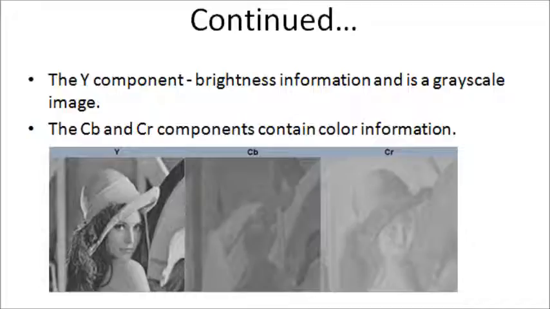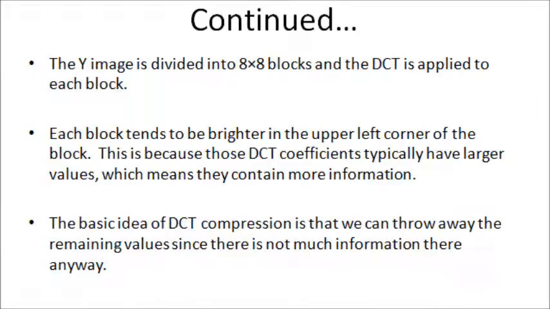This whole process begins by dividing the Y image into 8 by 8 blocks, and DCT is applied to each block. One thing that we have to note here is that unlike the Fourier transform, the result of the DCT is real numbers, so there is no need to store complex numbers.